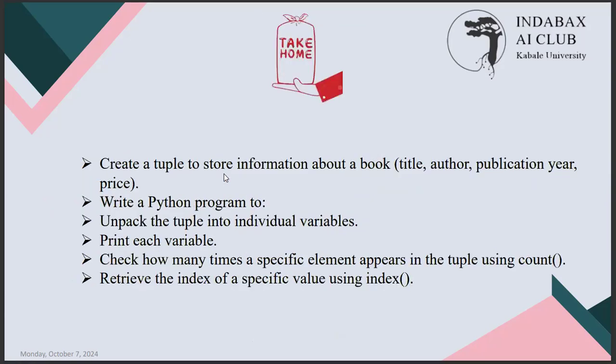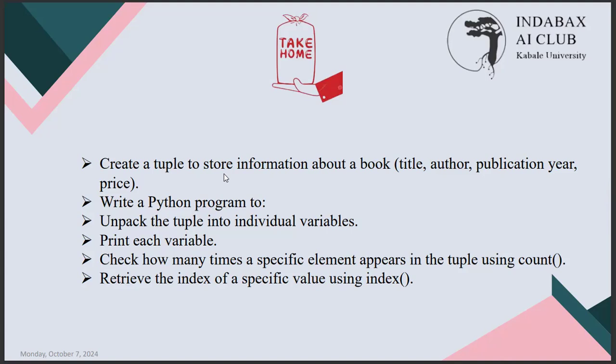Okay, take home for today. You will create a tuple to store information about a book. So it will store title, author, publication year, and price, and then the Python program should unpack that tuple into individual variables.